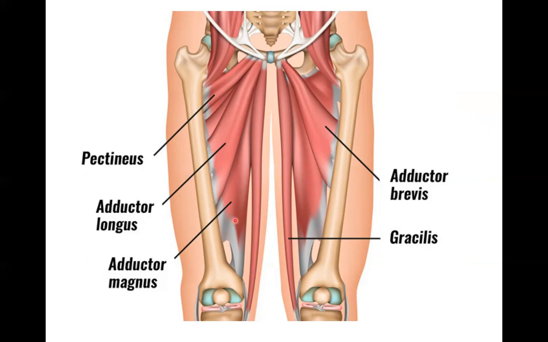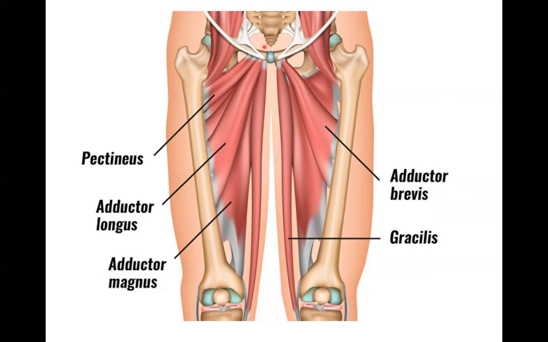Adductor magnus, you know it's going to be a really big muscle, Magnus. But from the anterior view, we just get a peek of it. So it has its origin up at the pubis and the ischium, and its insertion along the linea aspera, remember that rough line on the posterior aspect of the femur, and is responsible for adducting the thigh. We move superiorly, then you see adductor longus.